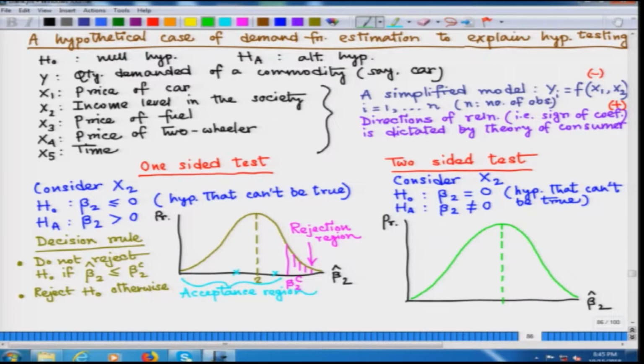Now, the mean could be anything, but note that here the problem is a little bit different, because now if we concentrate on the alternative hypothesis, then the alternative hypothesis actually permits both positive and negative numbers for beta 2.